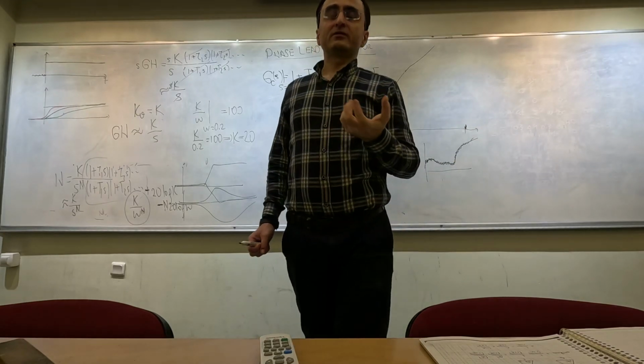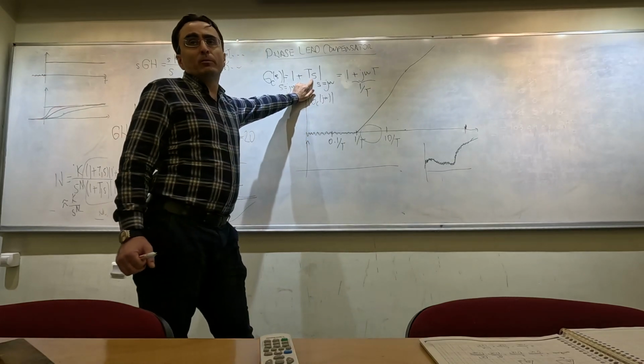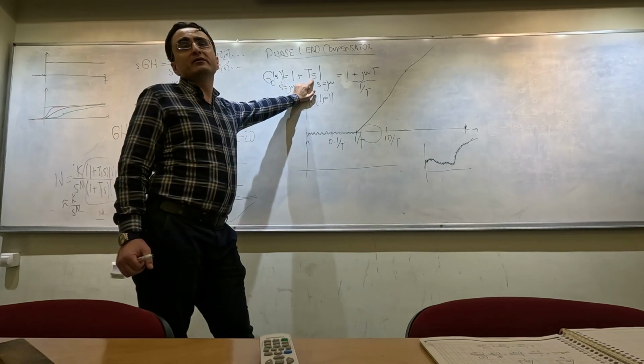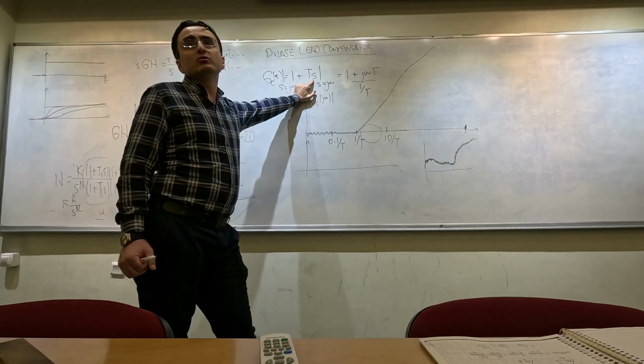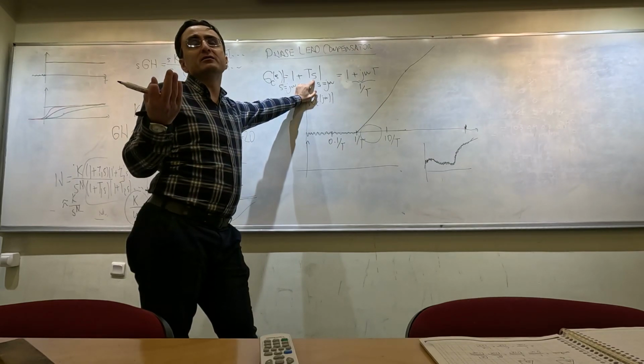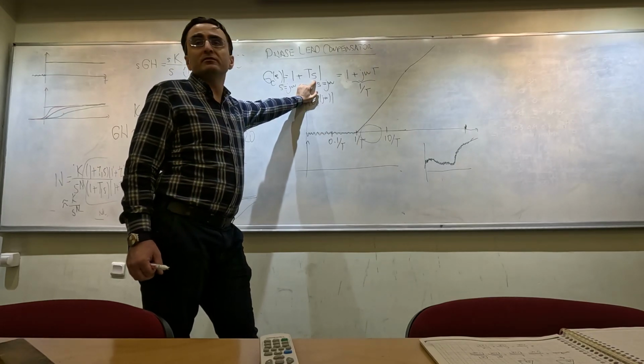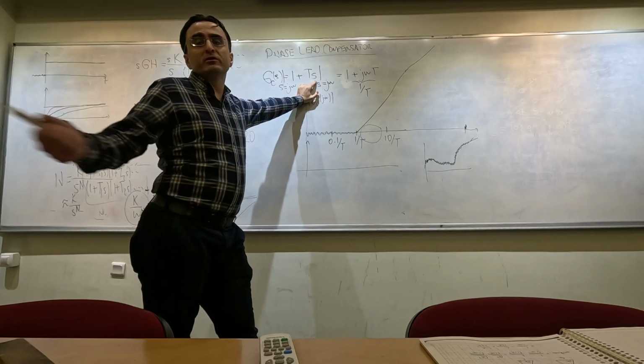Another disadvantage of a PD controller is that this derivative operator, unfortunately, is not implementable using passive components. Using only resistor, capacitor, and inductor, you can never implement a passive derivative operator from voltage to voltage.